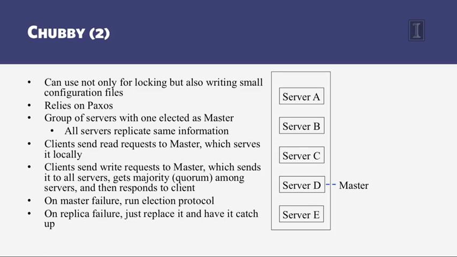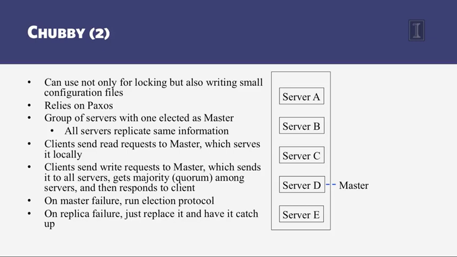When a client wants to read one of these small configuration files or the lock file, it sends a read request to the master, which can serve it locally. Okay, so the master serves all the read requests locally. When a client wants to write, however, it sends a write request to the master, which then forwards it to all the servers in the group. It then gets a majority of them to respond back to the master. When a majority of them respond back, you reach a quorum in the system.